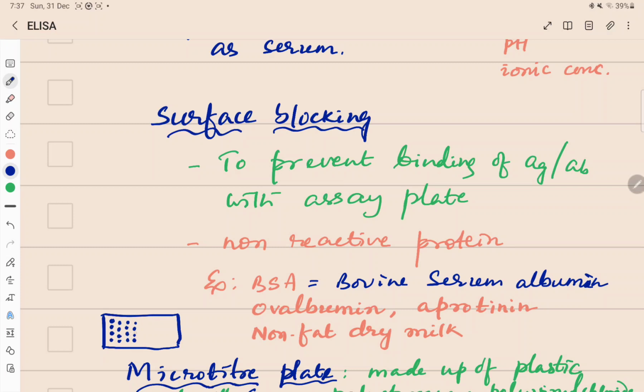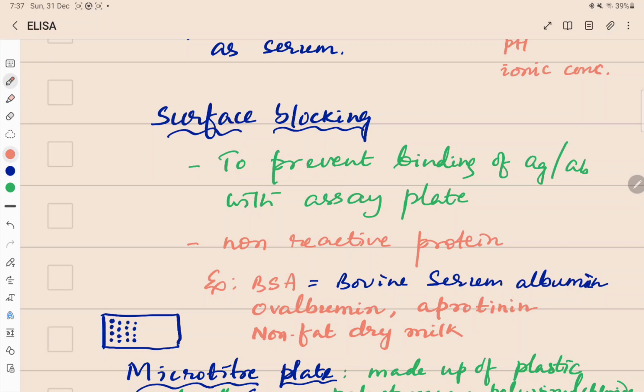Suppose we are now coating this plate with antigen, this sample antigen. Once it is done, then we have to wash it, and if any space is remaining when we add the antibody, then that antibody can bind to this plate. So what we have to do is block the surface.